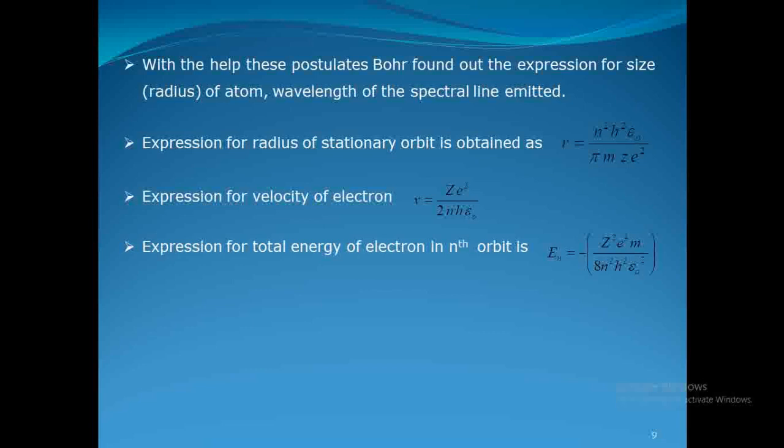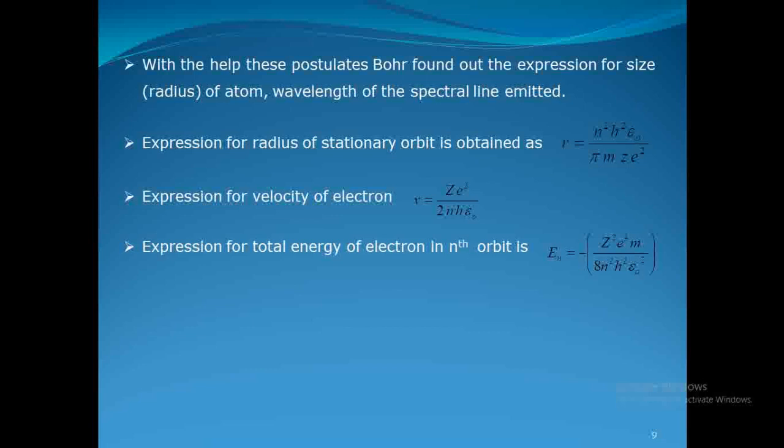What is the significance of the negative sign in the expression for the total energy of the electron in the nth orbit? The negative sign indicates that the electron is bound to the nucleus, that is, the electron is in the control of the nucleus, and energy must be supplied to take that electron out of any nth orbit.